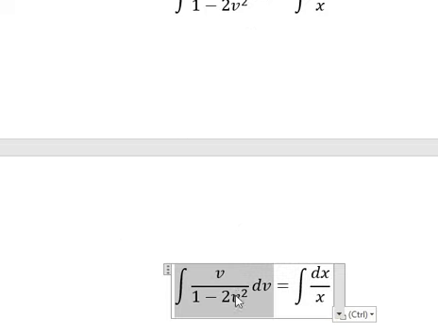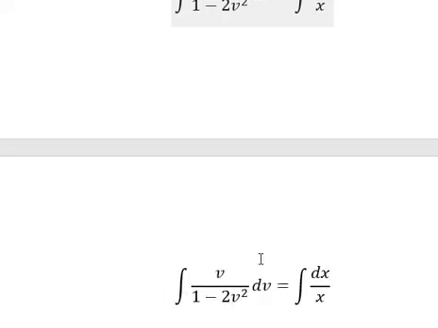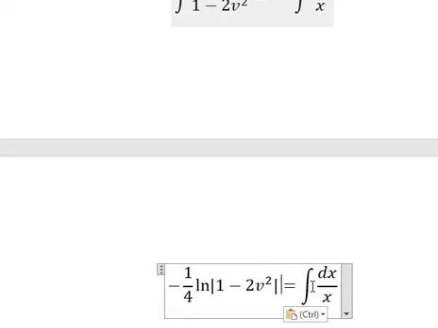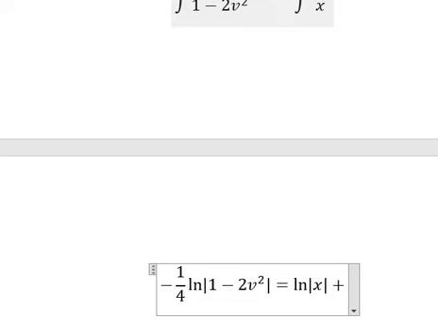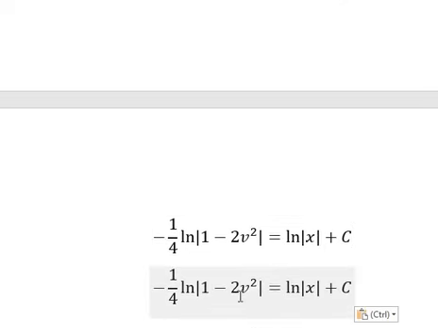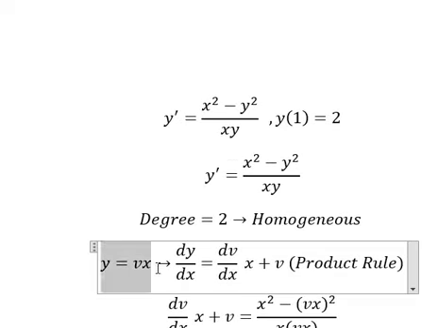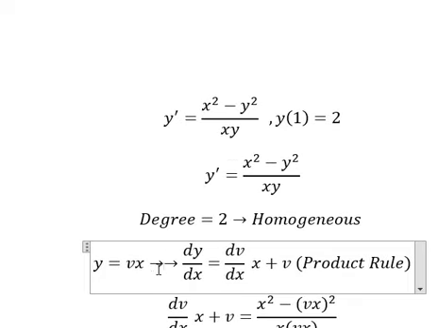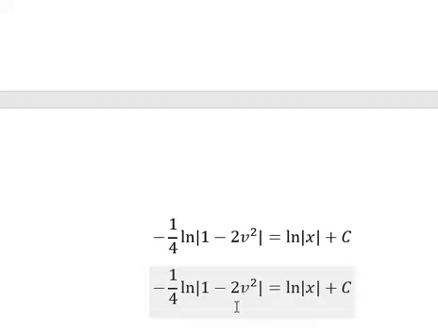The integration of this one is this one. This one, we have Ln of the absolute value of x, and I will put c. About v, that is about this one, so we need to divide both sides by x, and we need to change v into this one.